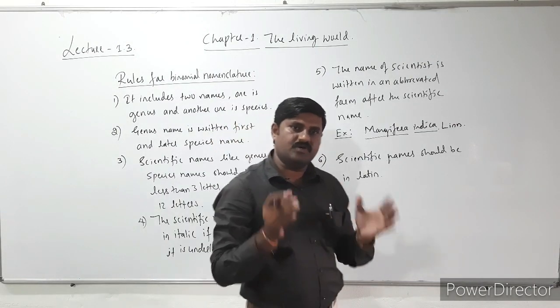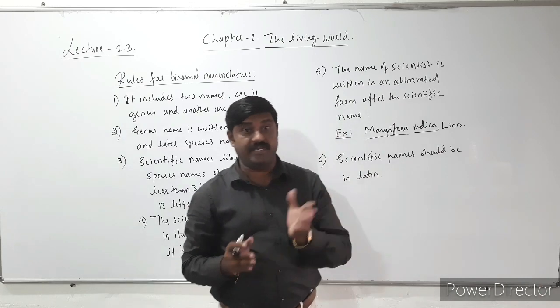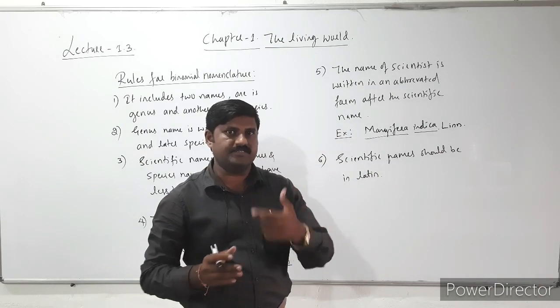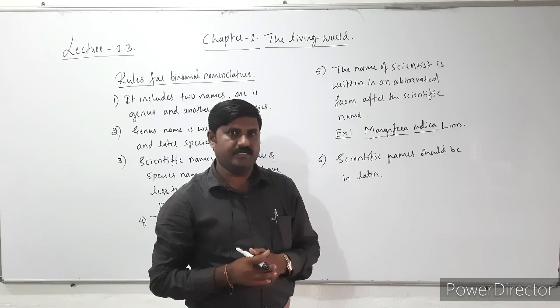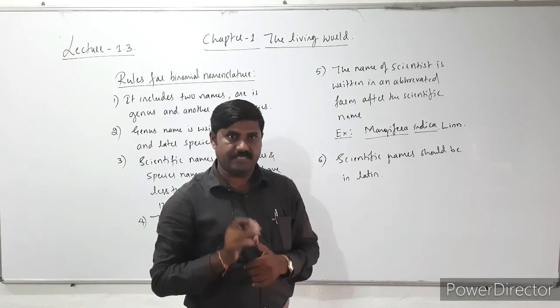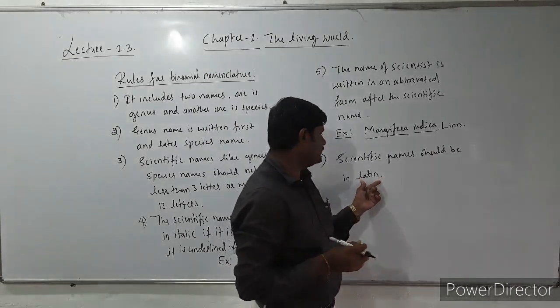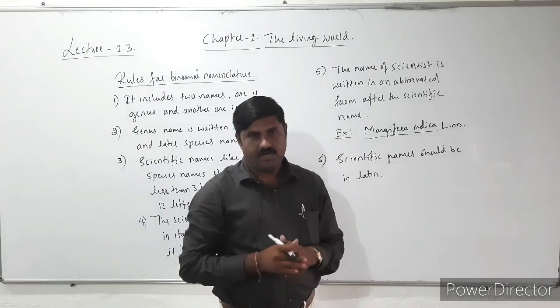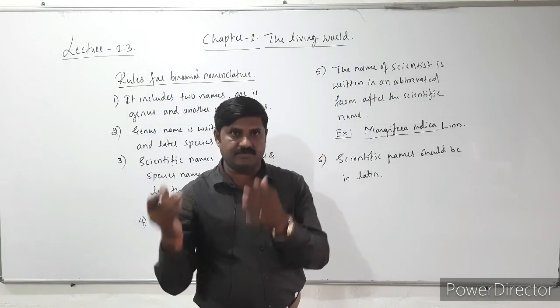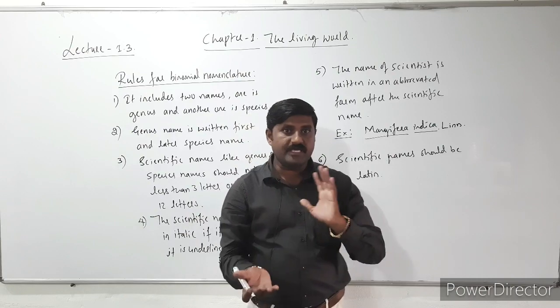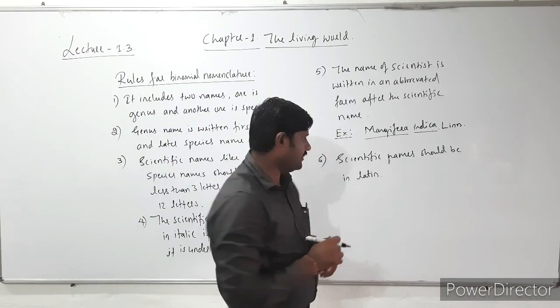So there is no possibility of changing the spellings of that scientific word. That is why it should always be written in Latin. Or else, if it is in English or some other language, it should be Latinized, right?